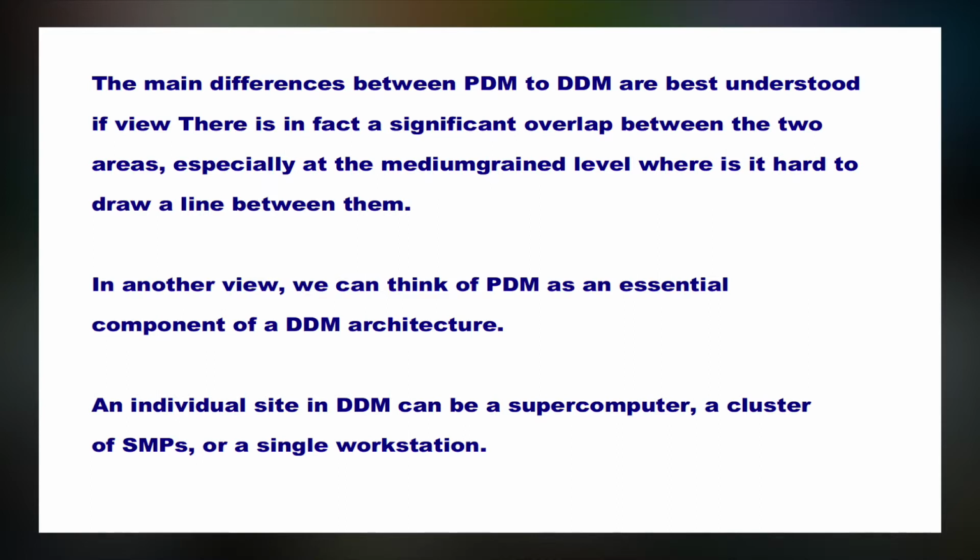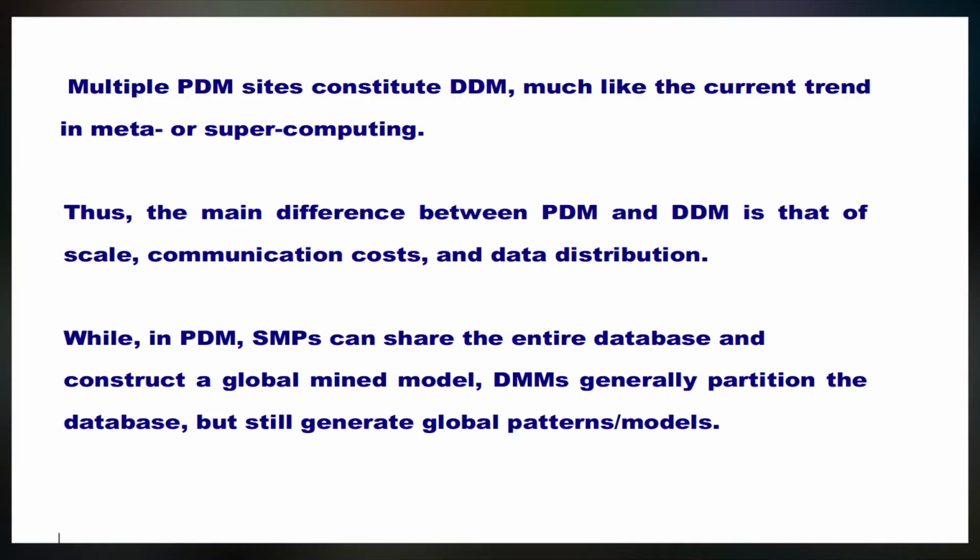In another view, we can think of PDM as an essential component of a DDM architecture. An individual site in DDM can be a supercomputer, a cluster of SMPs or a single workstation. In other words, each site will support PDM locally. Multiple PDM sites constitute DDM, much like the current trend in meta or supercomputing.